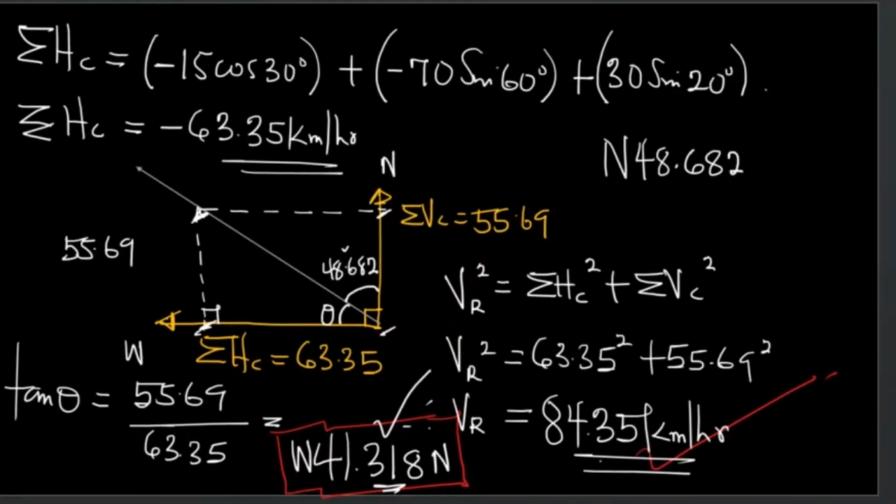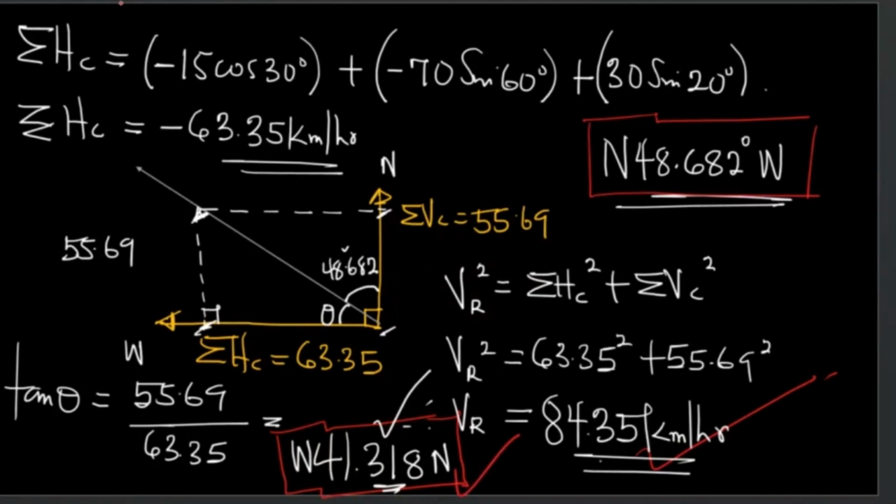So either you write your answer in this form, 48.682 degrees west, which I'm going to put inside the red box, or you write your answer as west 41.318 north. So either of the two angles is correct.